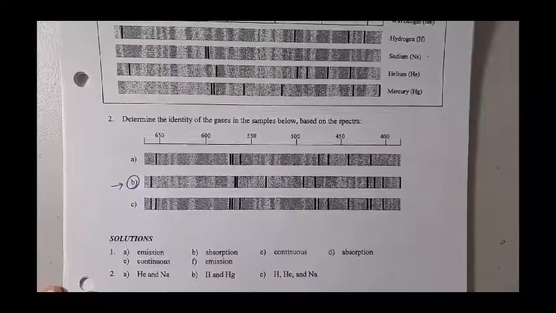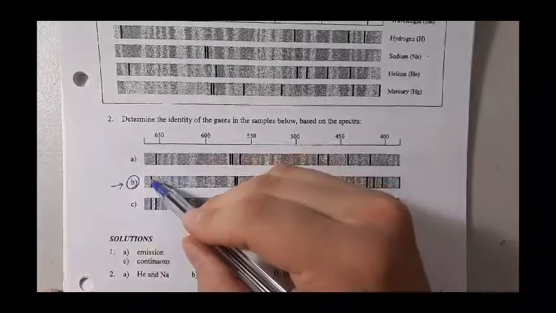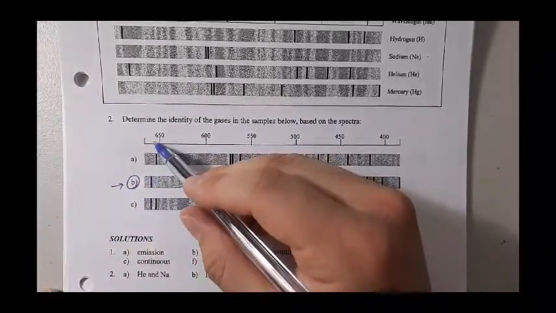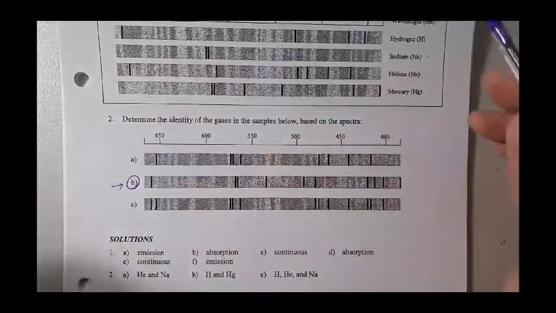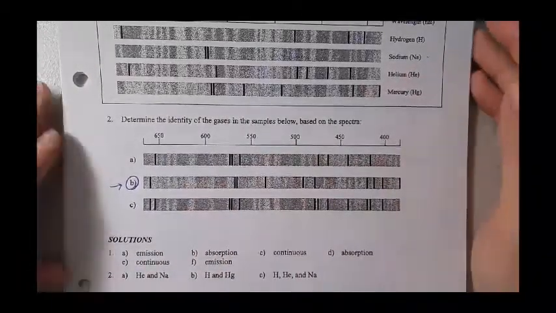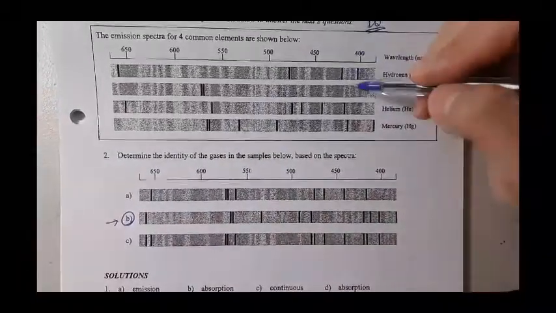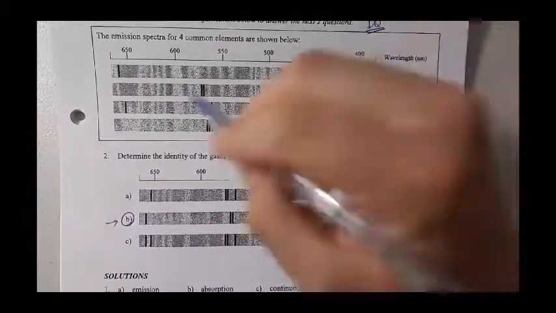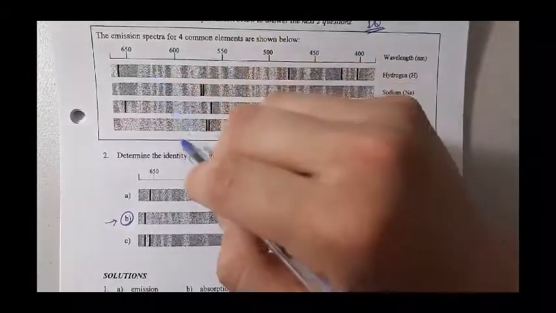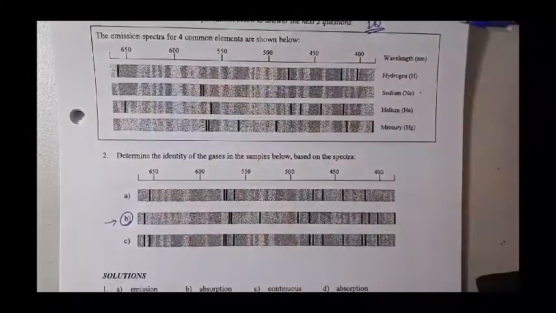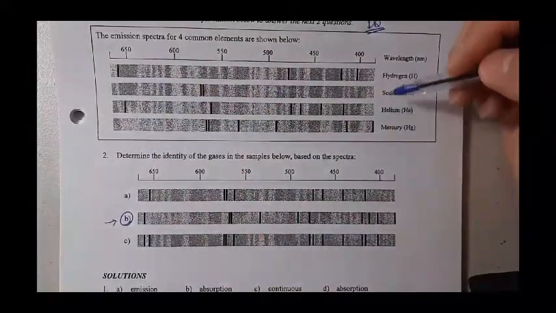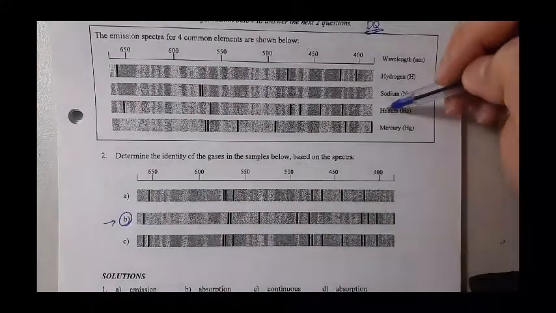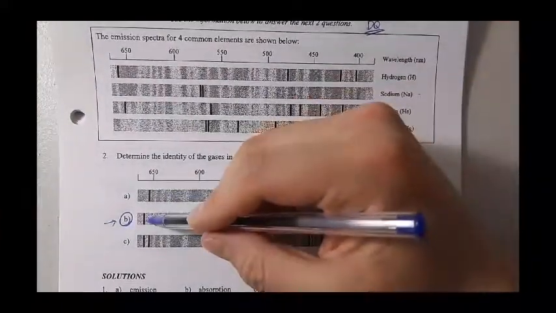But I have one band that is below 650. If I look at that band, I cannot choose sodium as that band's explanation because there's nothing, or I don't have any for the mercury. So it must be hydrogen or helium in order to have this band.